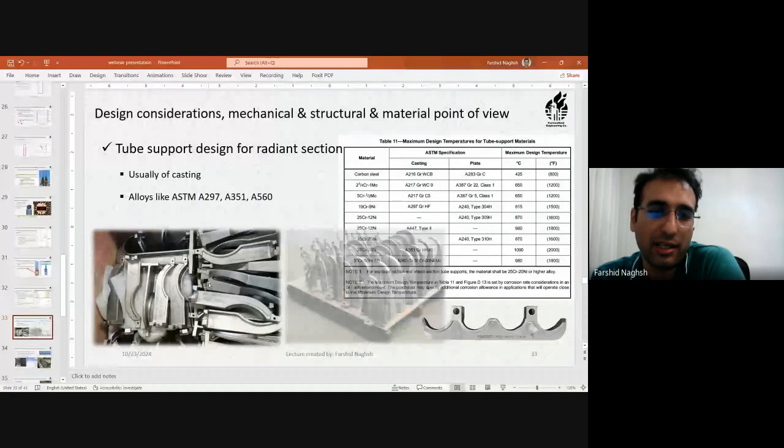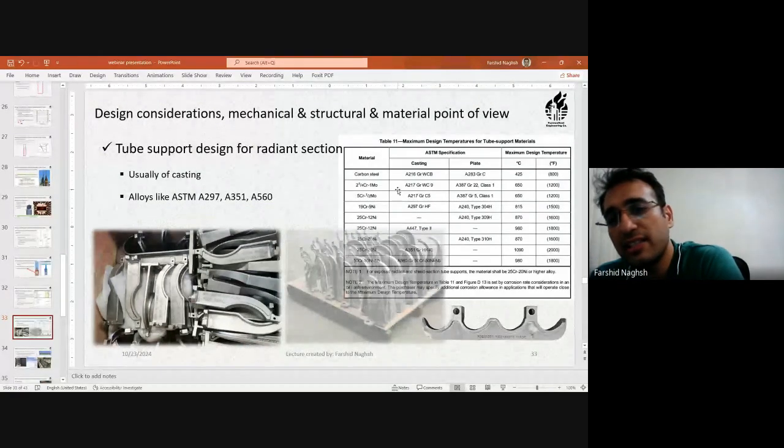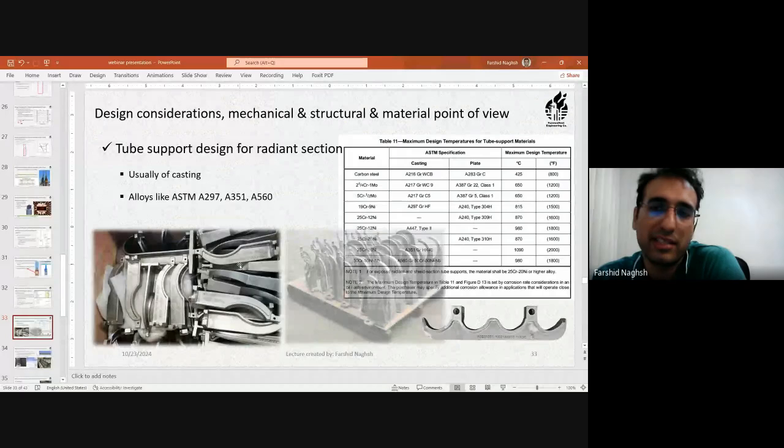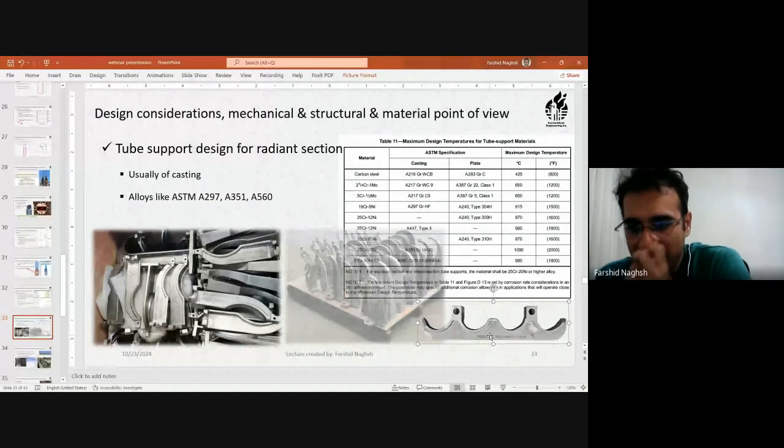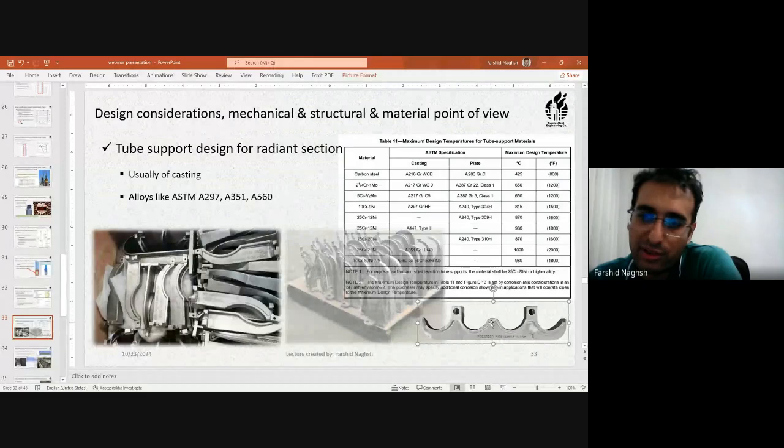They are catalog items, and you need to choose the material based on the temperature and order it from vendors that manufacture these supports. You see that this is a hanger that supports radiant tubes from above, from the roof.